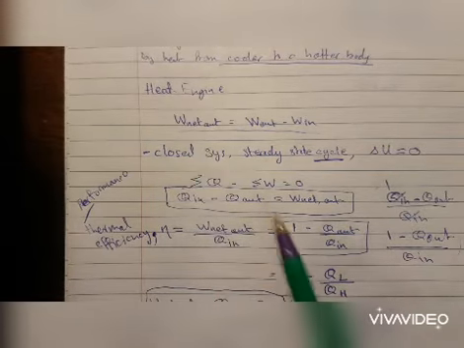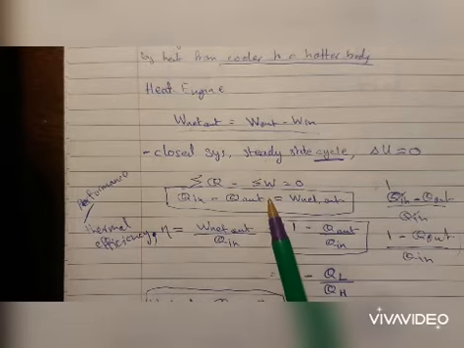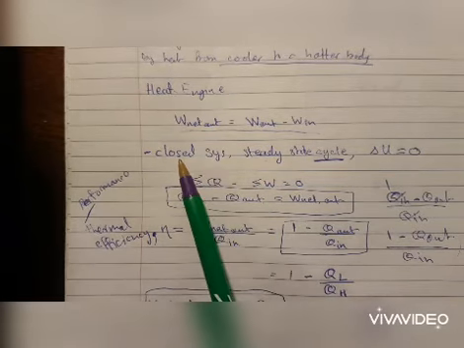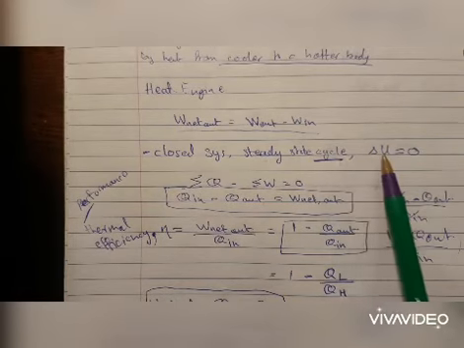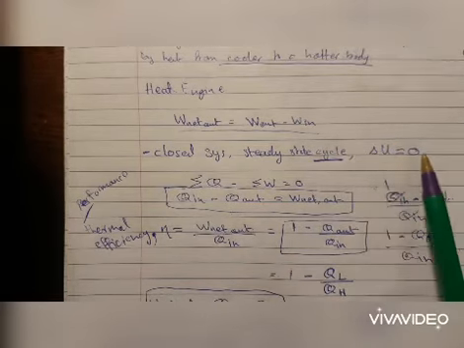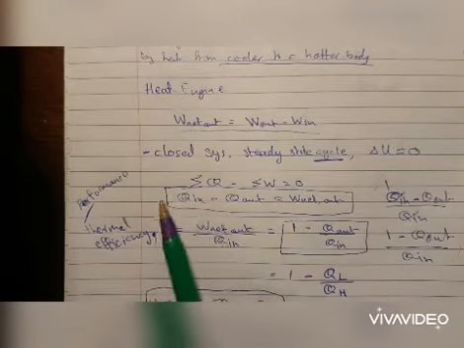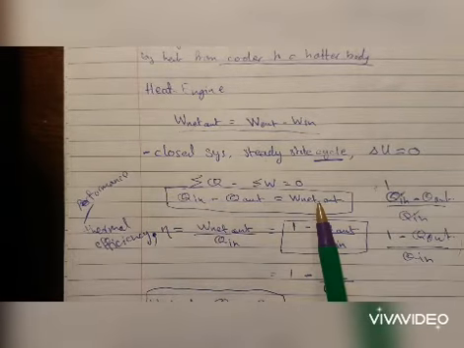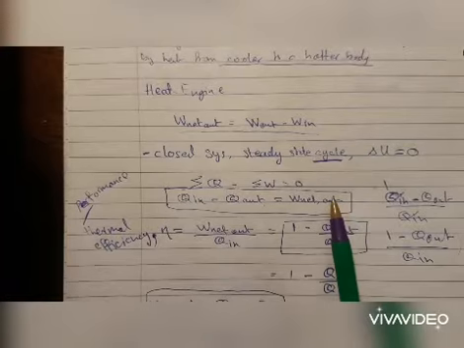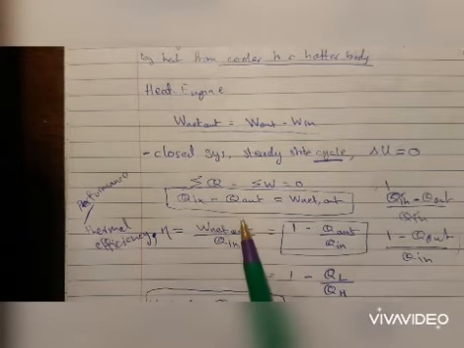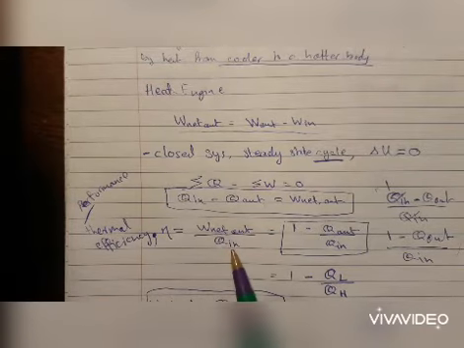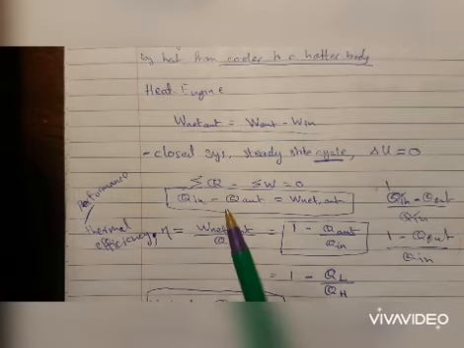Again, we applied the first law on our system being closed, steady state, and a cycle. Given that our internal energy change is equal to 0, we get this equation over here, which is work net out. We take this and we put it in our thermal efficiency, which is basically what we need over what is required for us to get there.